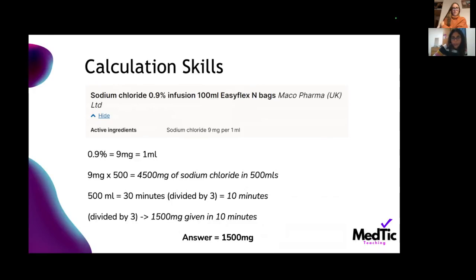So the options were paracetamol, sodium valproate, colchicine, carbamazepine, or ramipril. What did everyone think? Colchicine. Anyone agree, disagree?